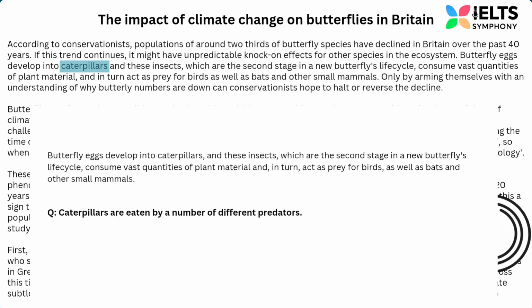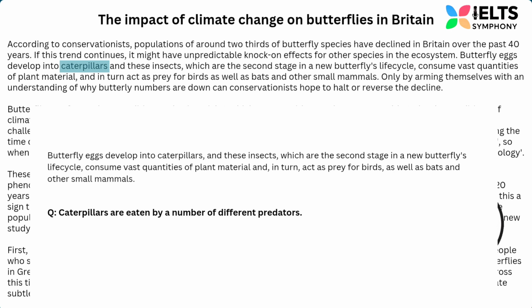Caterpillars are eaten by a number of different predators. From the passage, we understand that caterpillars are the early stage of butterflies and depend on plants for food. This also makes them vulnerable to dangers. They serve as prey for birds, bats, and other small mammals.